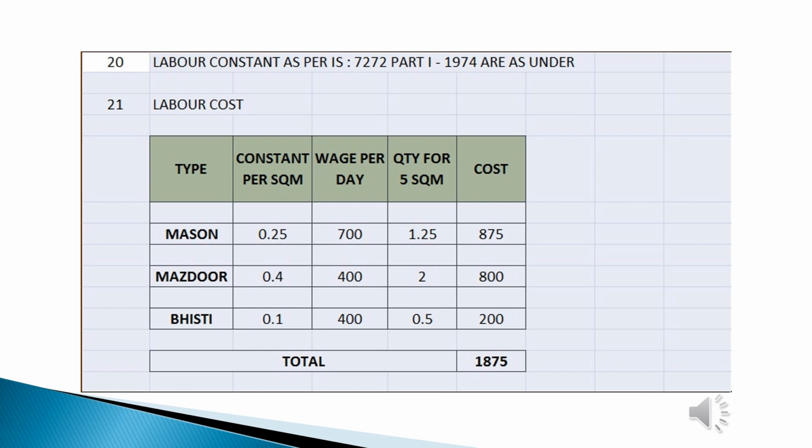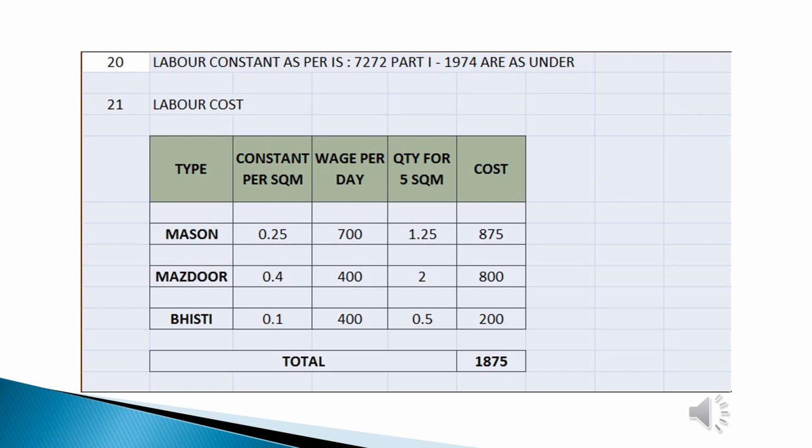Now these constants are taken for 1 square meter. We have quantity of 5 square meter. So multiplied this constant by 5 square meter. So revised quantity is 0.25 into 5, 0.4 into 5, 0.1 into 5. So mason 1.25, mazdoor 2, bisti 0.5.